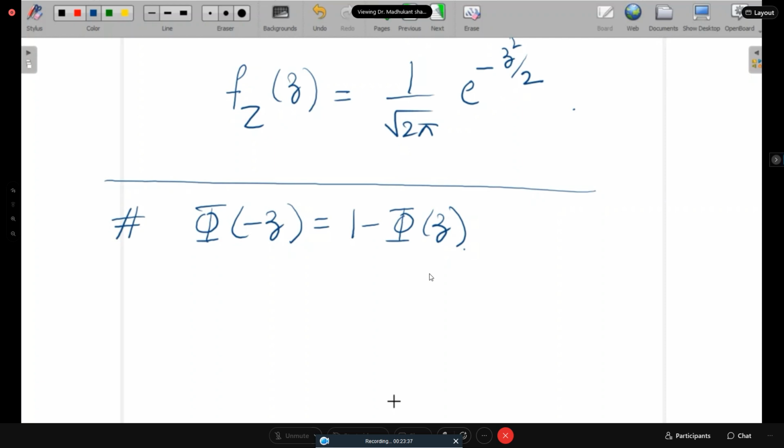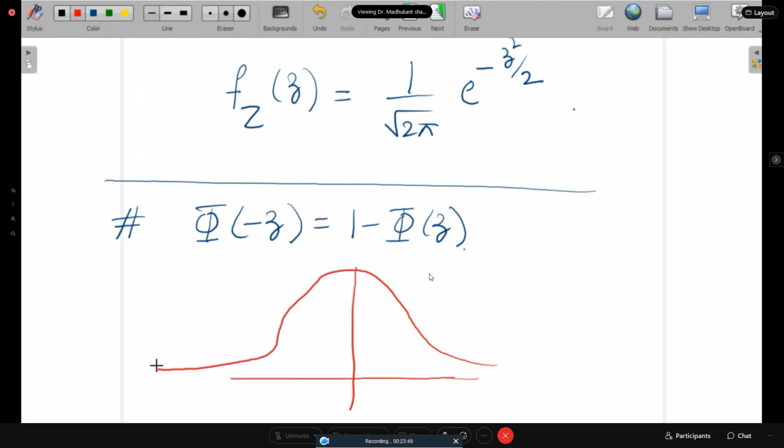Can you verify this? For the standard normal variate, you have a bell shaped curve about the line x equals 0. Now what is phi of minus z? Let's say here is minus z and here is z.